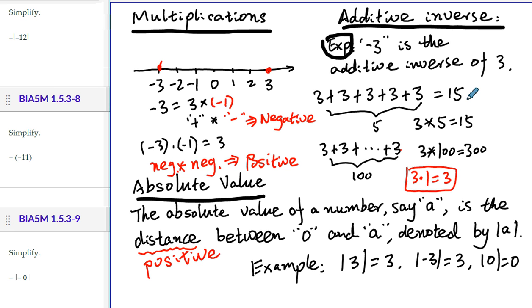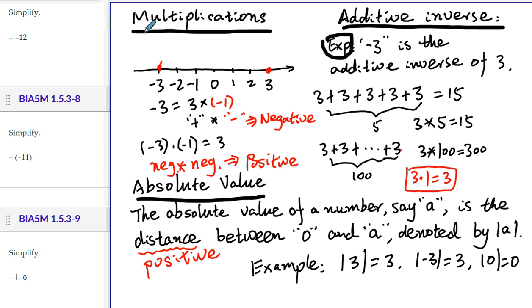And then we introduce multiplication: 3 times 5 is 15. 3 times 5 means you add 3 5 times. Since you can switch 3 and 5, you may also say 5 times 3 is you add 5 3 times. You also get 15. So they are exchangeable.